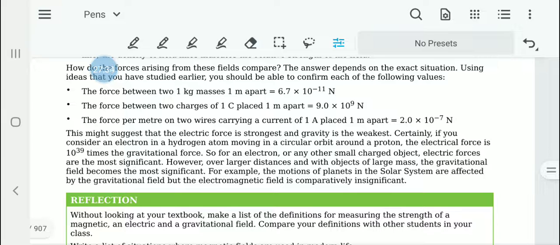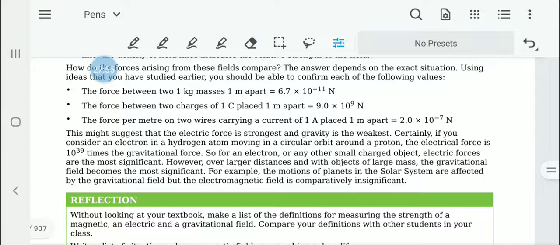For example, planets in our solar system, the planets and the sun and all of these celestial objects are kept in place because of the gravitational fields, but the electromagnetic field is comparatively insignificant, right?